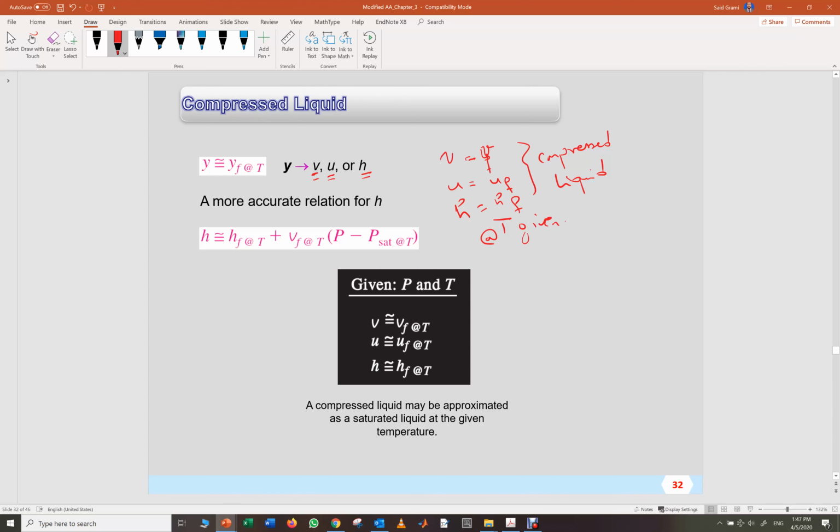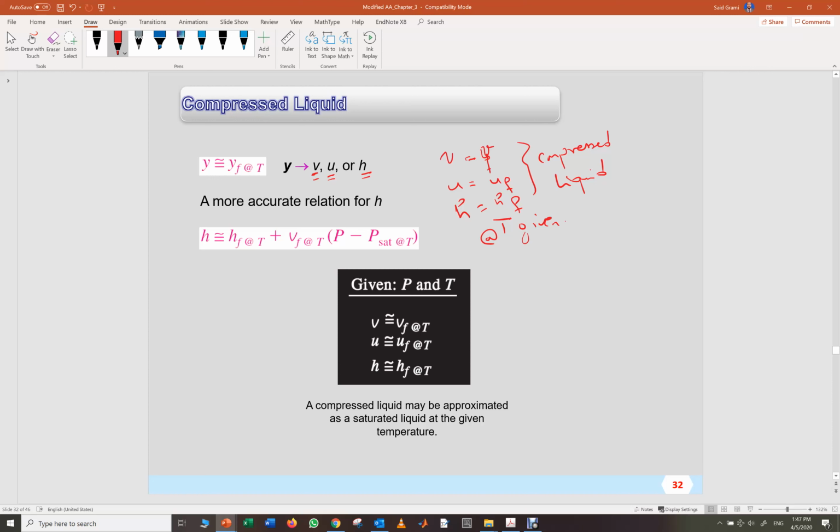So given P and T, V will be Vf at a given T, U will be Uf at a given T, and H will be Hf at a given T.